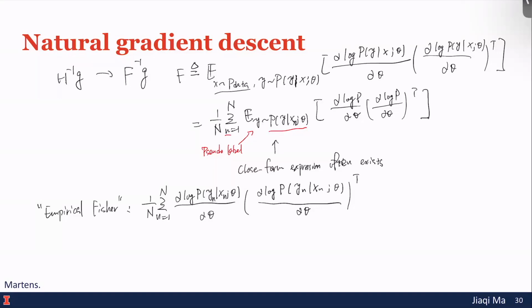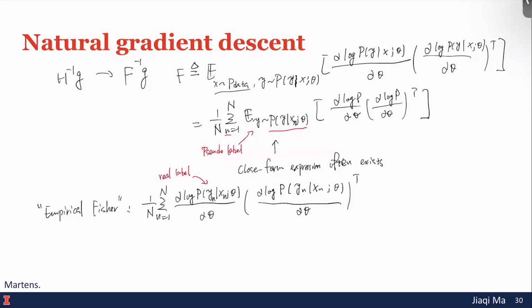We are sampling from the model, maybe the softmax output of the model. But in the empirical feature, we're directly using the real label y_n, the real label associated with the data point n, x_n and y_n.